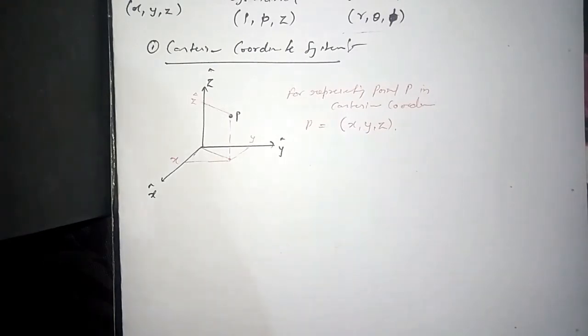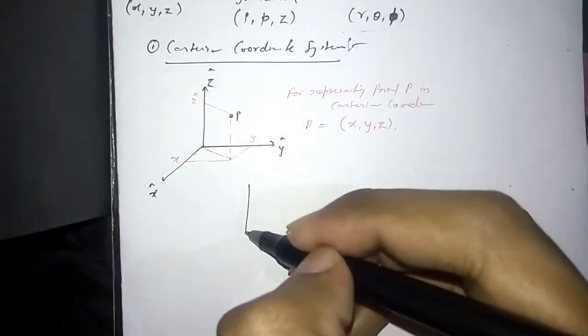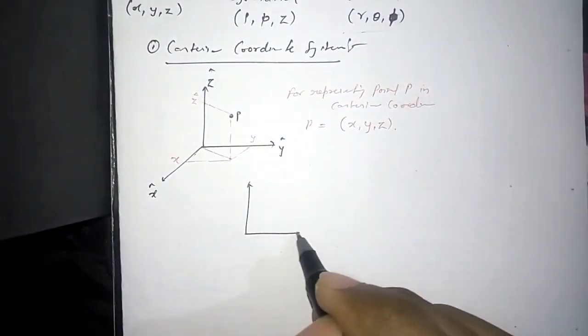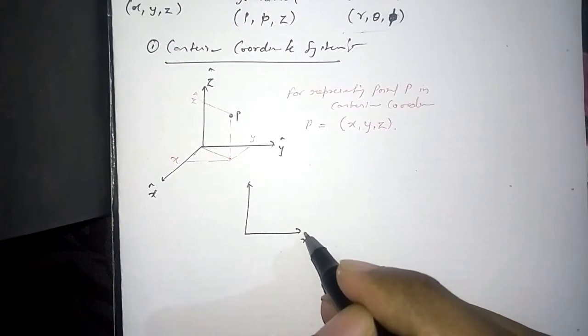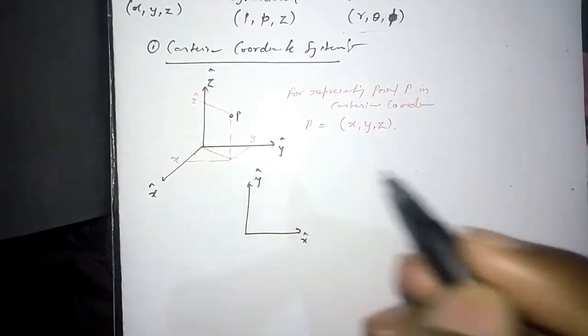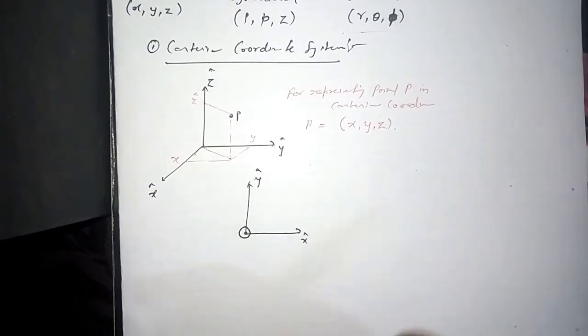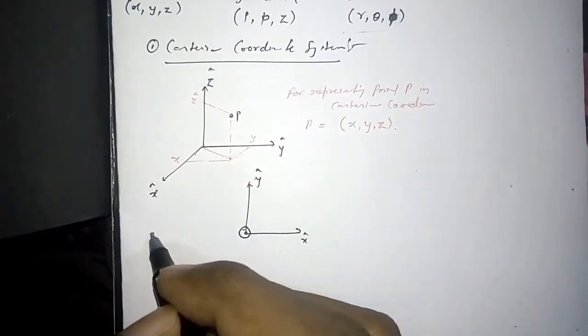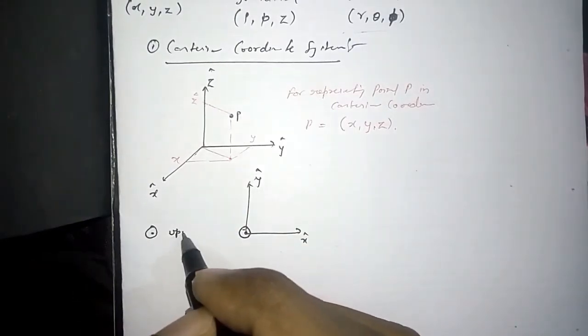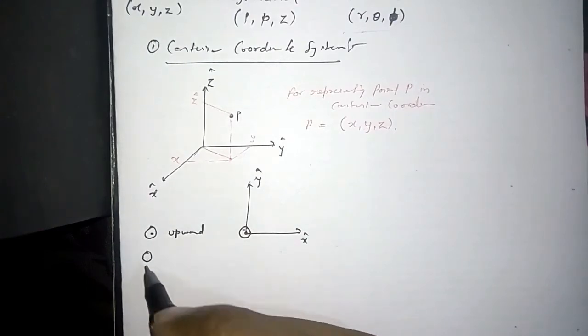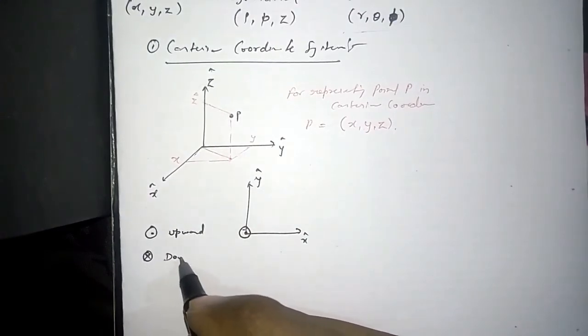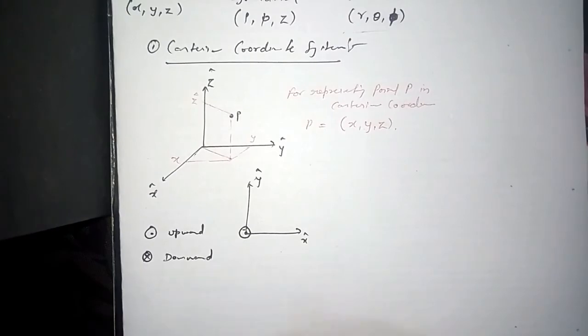Let's say this is x axis, this is y axis, then z axis will be upward and this is downward.